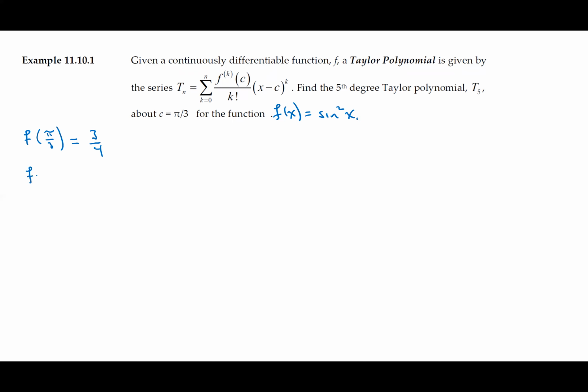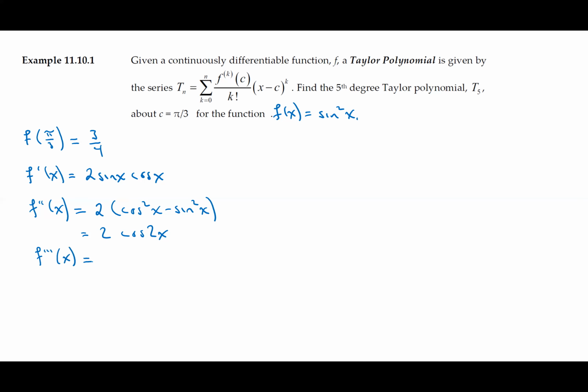Well, let's take some derivatives here. So f prime of x is going to be 2 sine x cosine x. f double prime of x is going to be 2 times cosine squared x minus sine squared x, which is actually just 2 cosine 2x.